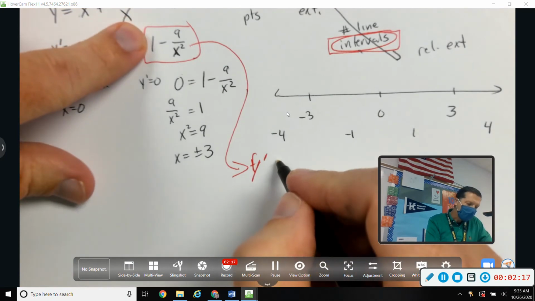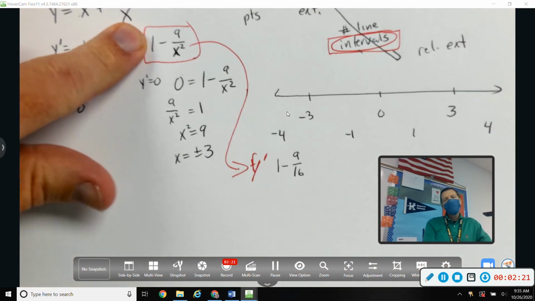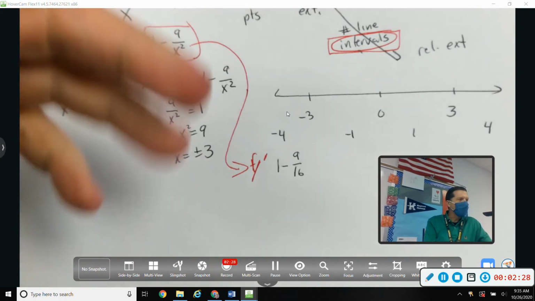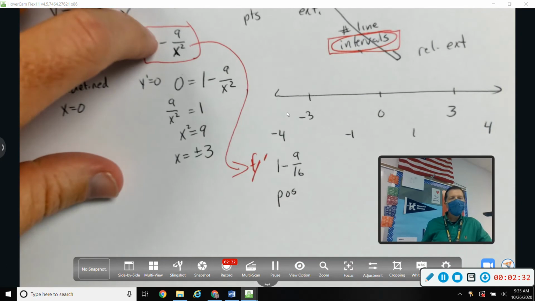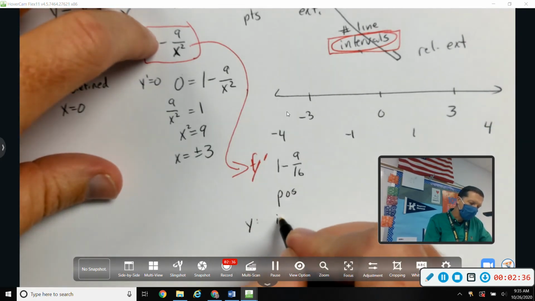So at negative 4, 1 minus 9/16. And again, all I really care about is positive or negative, so I don't really have to worry about a common denominator. 1 minus 9/16 is positive. So that means y is increasing.